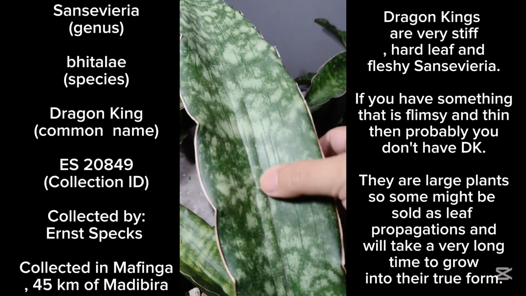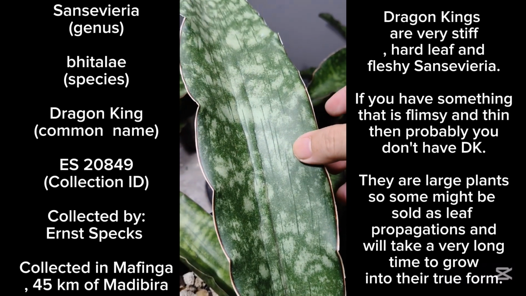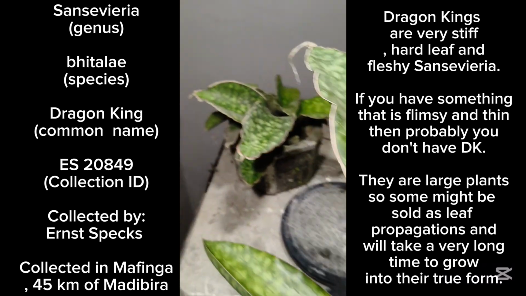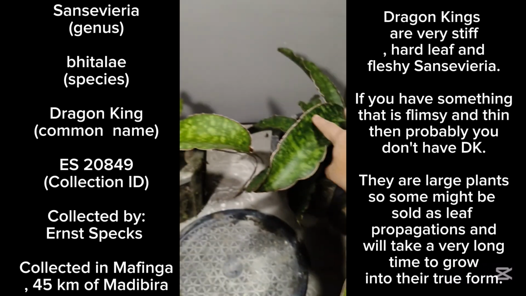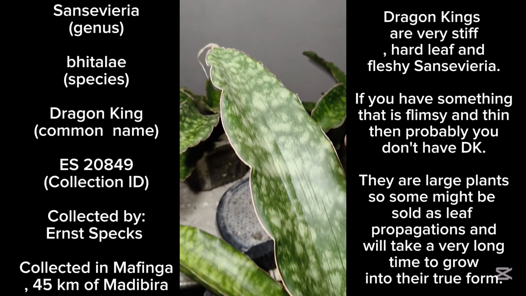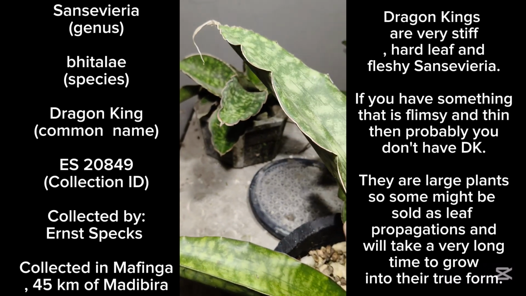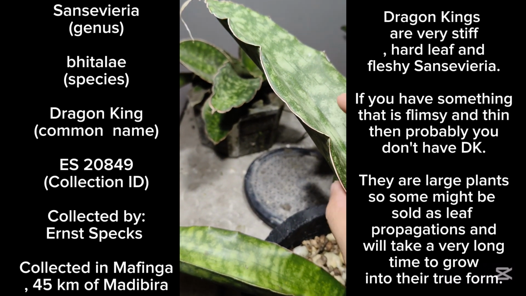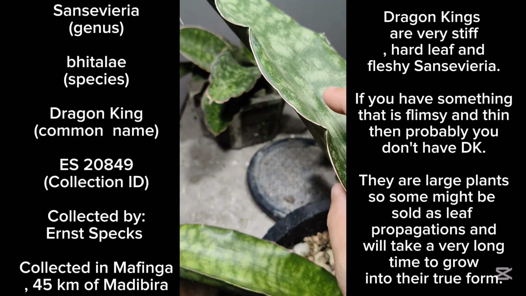Leaf texture, if you feel it, vertical, horizontal, very smooth. Dragon Wing, vertical, horizontal, very smooth. Jade Dragon, horizontal, vertical, very smooth. The back part of the leaf of Dragon King is not as smooth as its front leaf, or adaxial leaf.